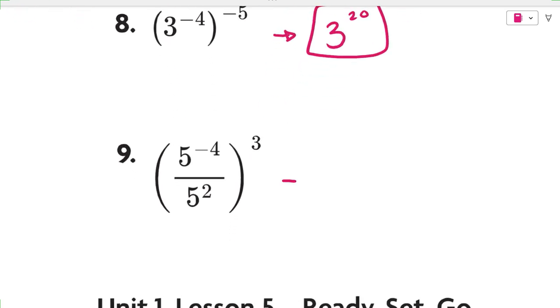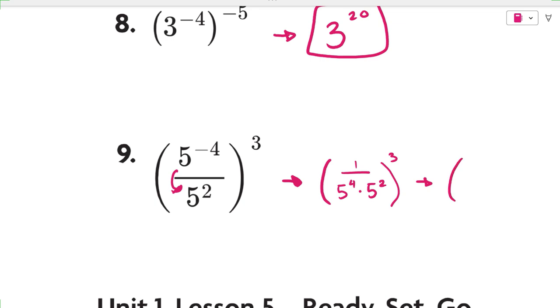So here, again, there's actually a bunch of ways we can do this. These are all exponents. I'm going to move this 5 to the negative 4 down to the bottom first. I don't have to do that first, but I'm going to. So we're going to make that 5 to the positive 4. 5 squared is already a positive exponent, so that does not move.